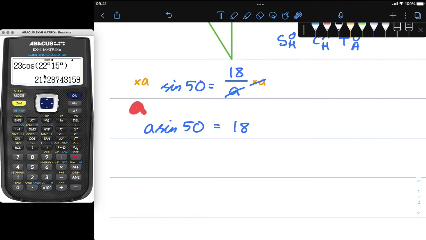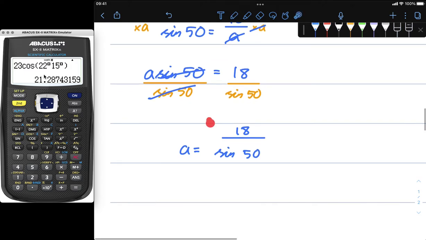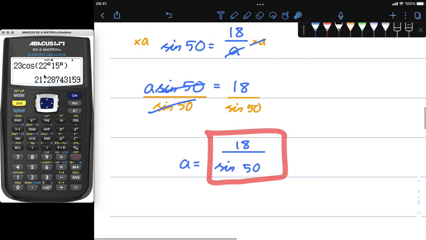Now remember, sine 50 is just a number, so we can divide out sine 50 on both sides, and this cancels out the sine 50, which leaves us with A equals 18 over sine 50. And it's this that we type into our calculator.